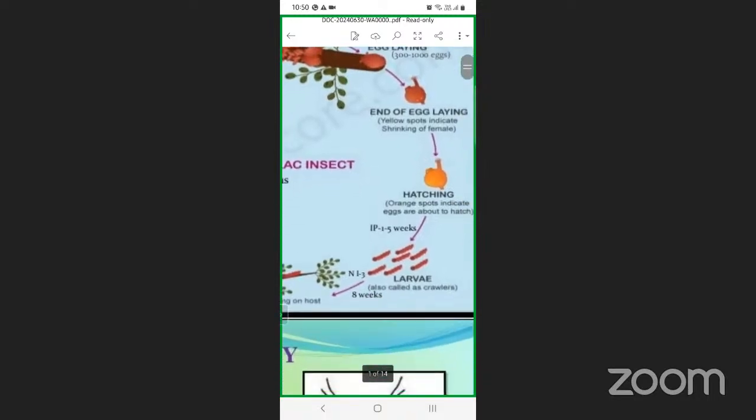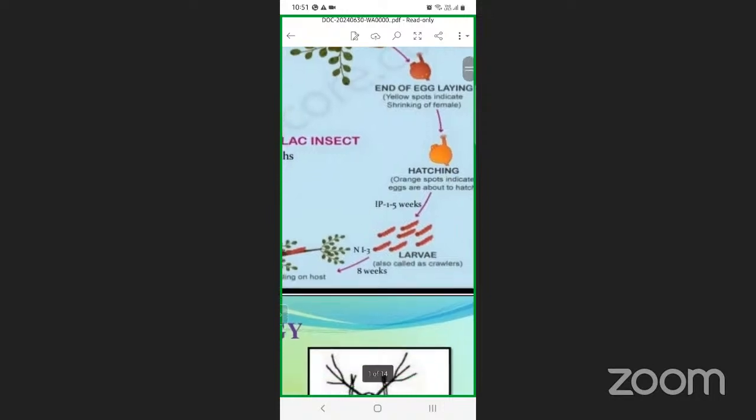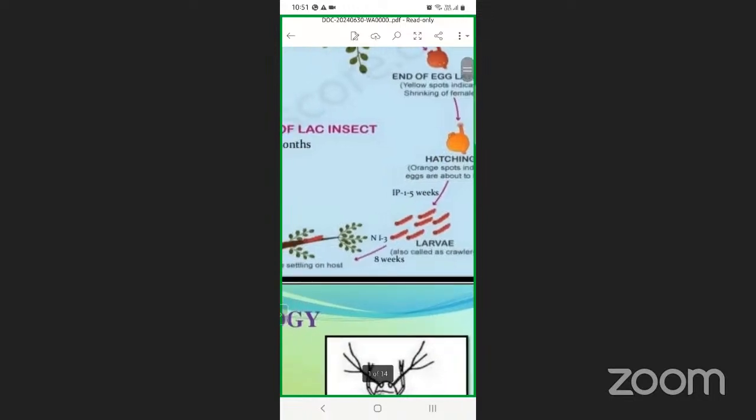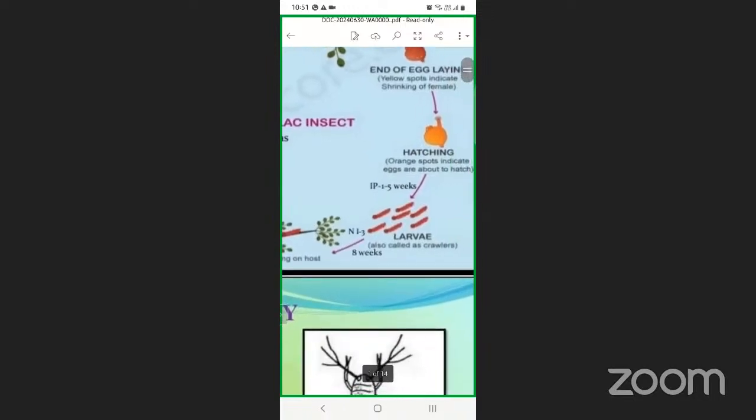Then we see orange spots indicating the eggs are about to hatch within 1 to 5 weeks, and these larvae are seen as crawlers.